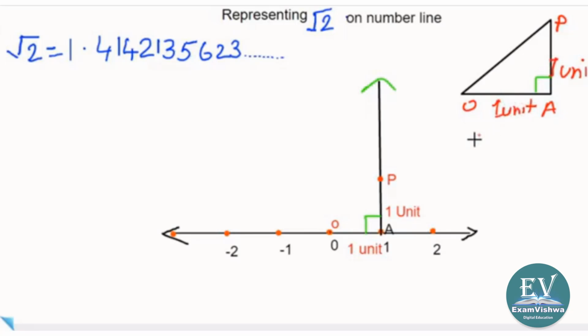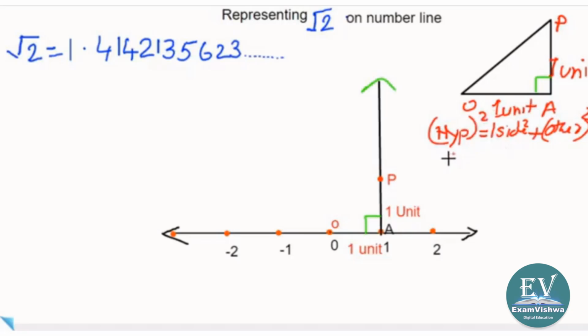Right? Now by applying Pythagoras theorem, which tells that the side opposite to the right angle, which is named as hypotenuse, hypotenuse square is equal to one side square, in this case OA square, plus other side square. This you have studied in 6th standard.